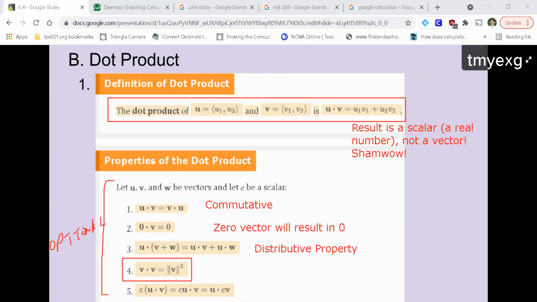And then notice how scalar distribution works is kind of weird. If I was to distribute this c through the parentheses, I only actually distribute it to one of them, either to u or to v, not to both. Because remember that u dot v is actually just a number, right? And so c times that number, like let's say it turns out that u dot v is 6, right?